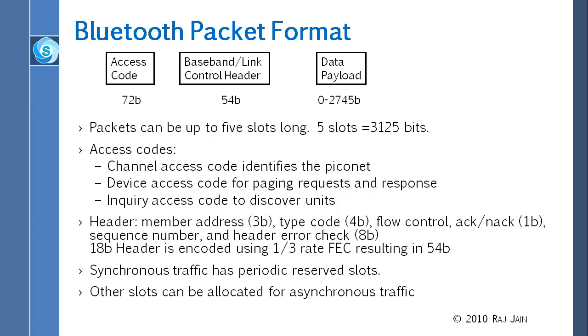It has reserved slots, which are allocated depending upon what speed voice you are using. And other than that, everything else has to use this method where the master will poll you and ask you whether you want to transmit, and if you want to transmit, then it will allocate you a slot and ask you to transmit.